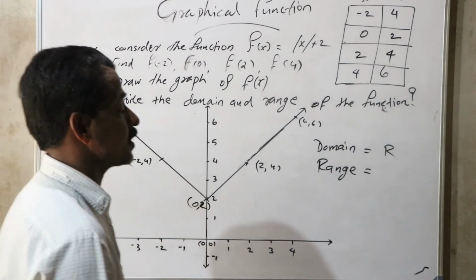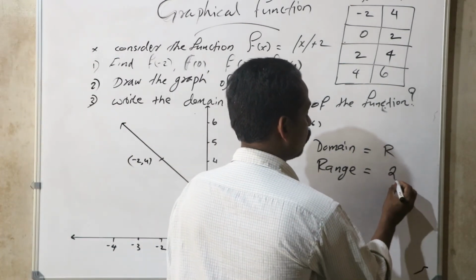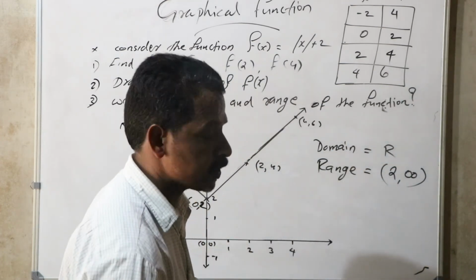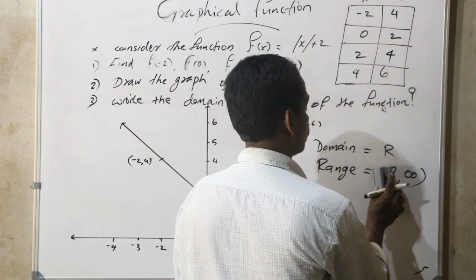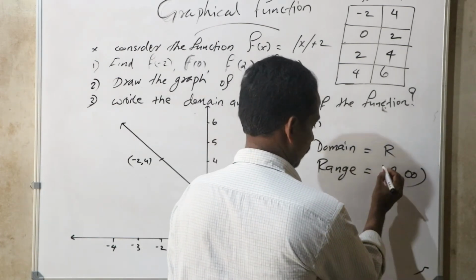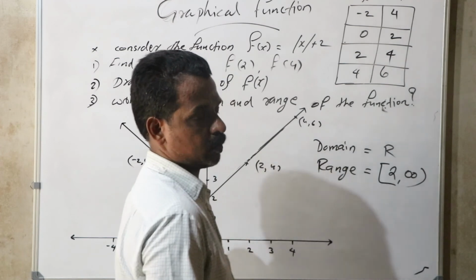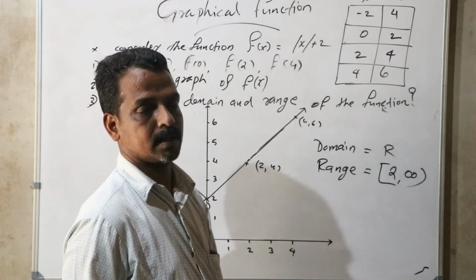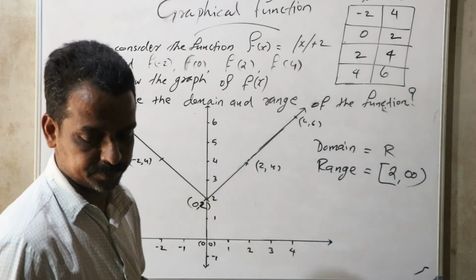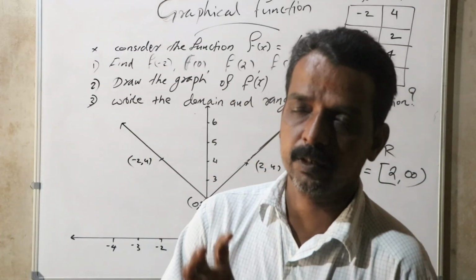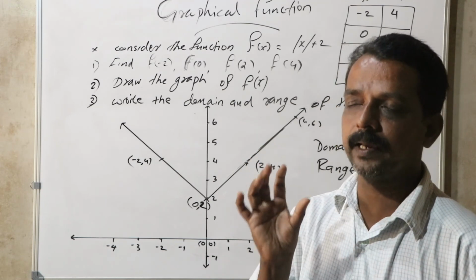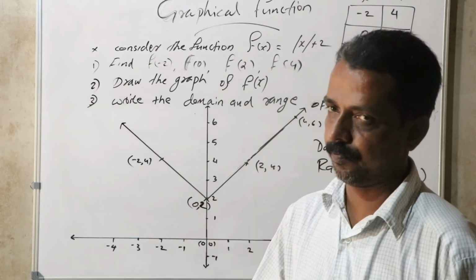So the range is from 2 to positive infinity, with 2 included. So here it is a closed interval at 2.